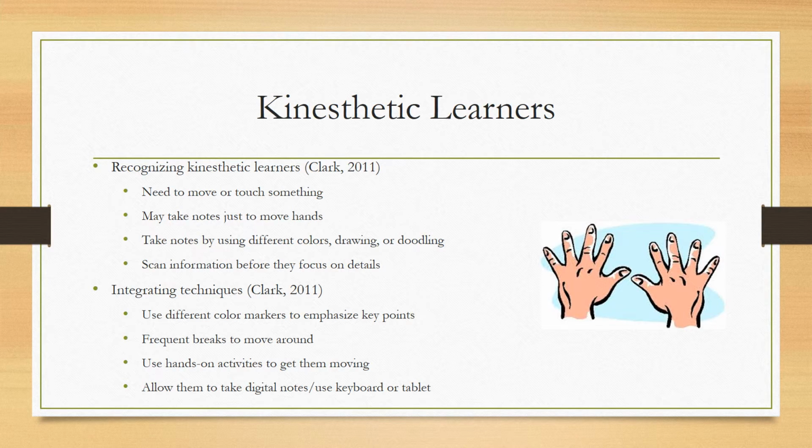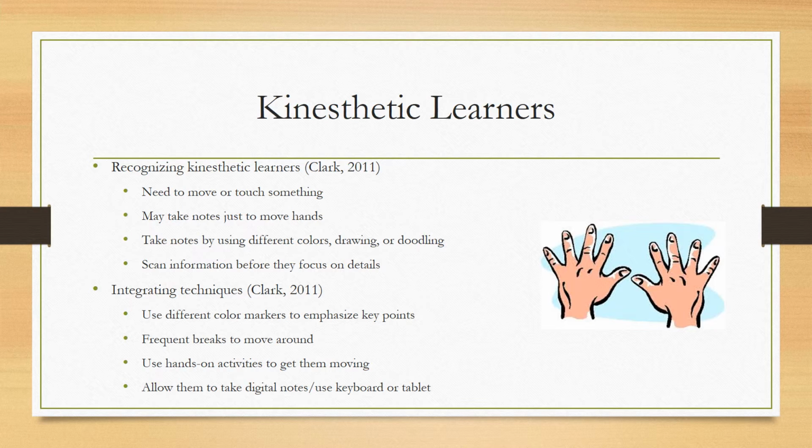According to Clark, kinesthetic learners do best while touching or moving around. They tend to lose concentration if there is little or no external stimulation or movement. When listening to lectures, they may want to take notes, if nothing else, for the sake of moving their hands around.